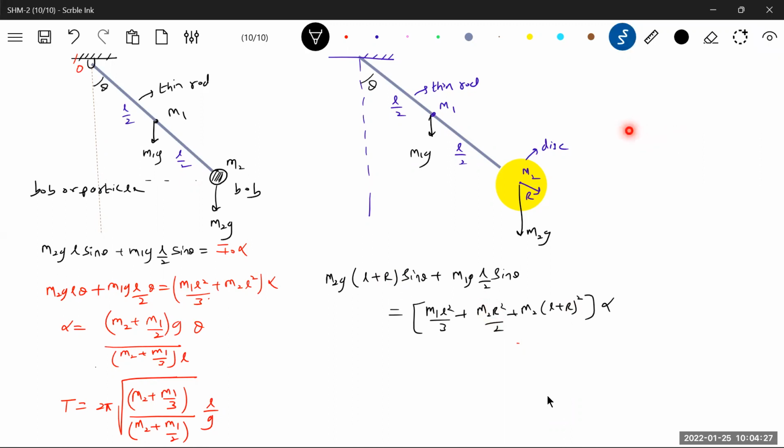So this will be rigid body oscillations. Solve for alpha, and we will get the required answer. It will be very lengthy. Alpha will be, I don't think anything can be taken out, just only sine theta will come outside.